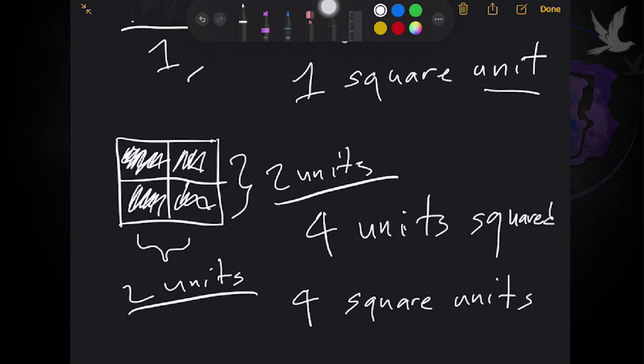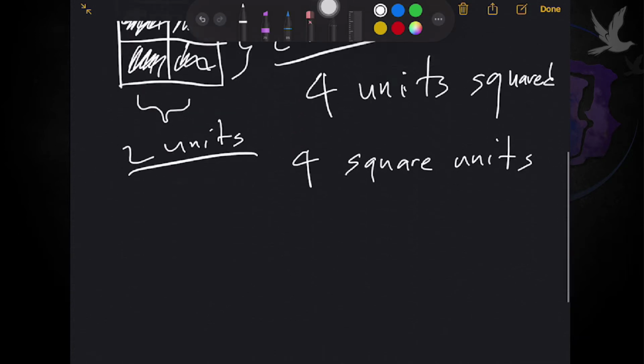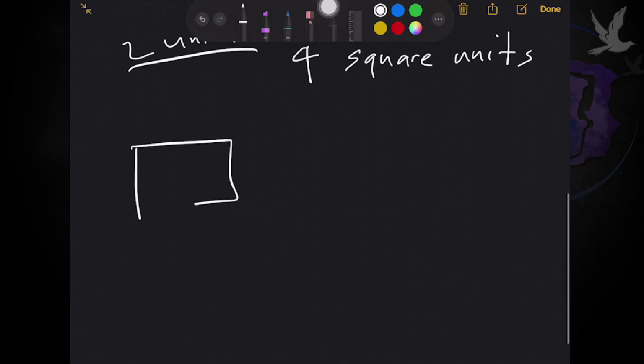Okay? Medyo klaro ba? How about for a rectangle? Okay, sorry, medyo nawala yung boses ko here. So for example, for a rectangle, meron tayong ganito. We have 2 units here. Ano ba yung bracket ko?